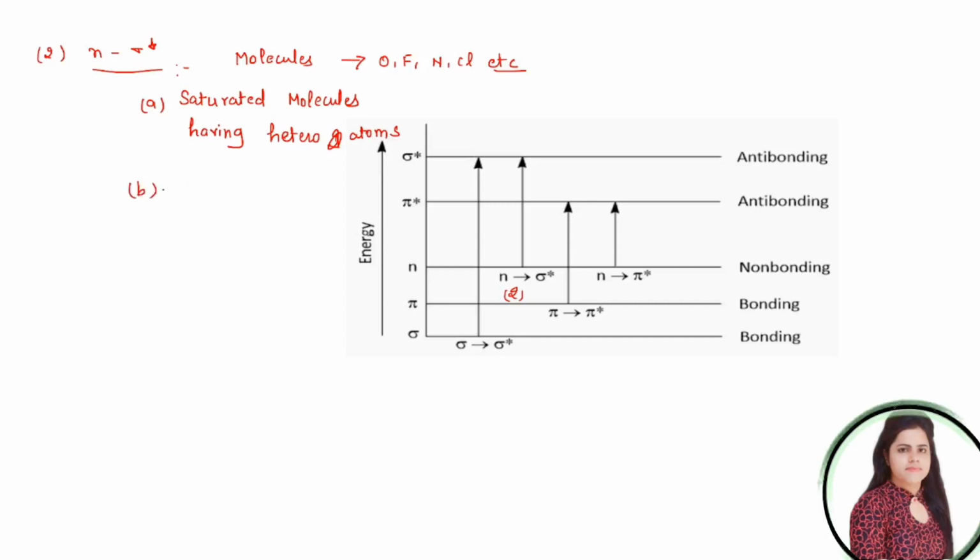Next thing is, if we compare this transition with the first transition, here the energy gap is smaller. It means smaller energy will be required as compared to your sigma to sigma star.